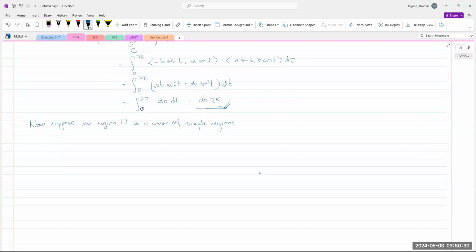Think of, for example, this kind of region here. Now, this is not simple. Remember, the definition of a simple region is when you choose two points on that region, however you draw a closed path from one point to another point, it will not enclose something outside of that region.